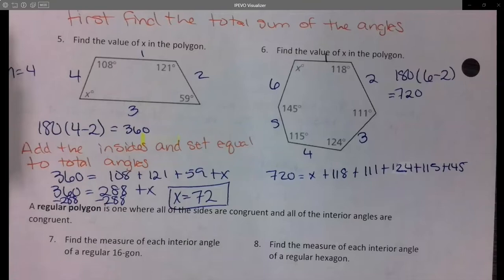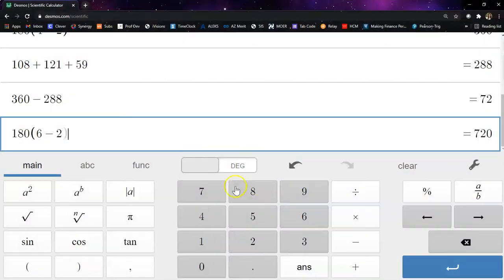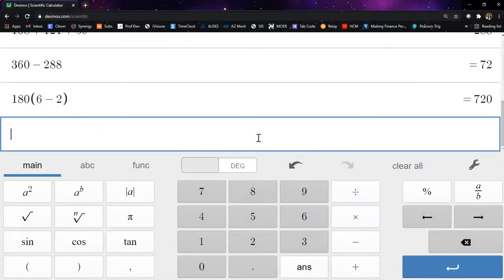Then I want to combine like terms, so I'm going to type this into Desmos. So I have 118 plus 111 plus 124 plus 115 plus the 145, which gets me 613.